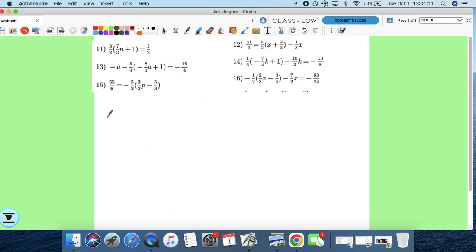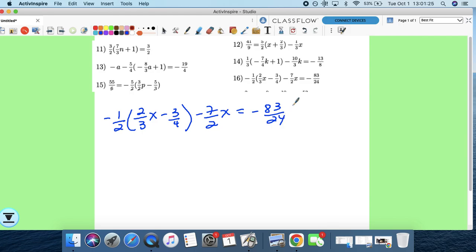Question 16, the last question. Negative 1/2 times (2/3 x minus 3/4) minus 7 over 2 times x equals negative 83 over 24. Oh, come on. If you can do this one, there's nothing you have to worry about. So, distribute it properly. I get negative 1/3 x after I simplify.